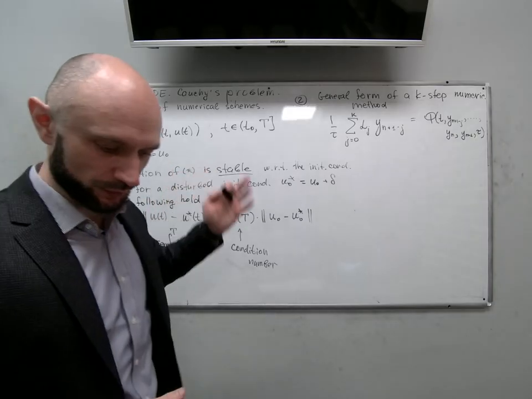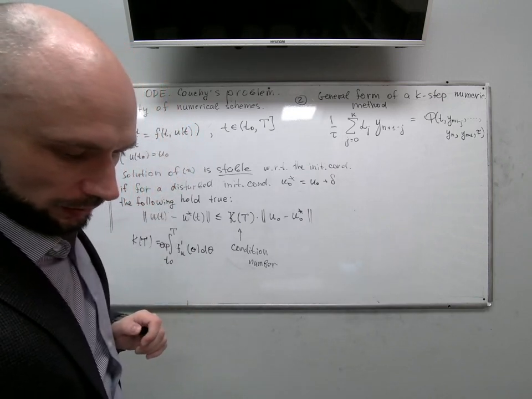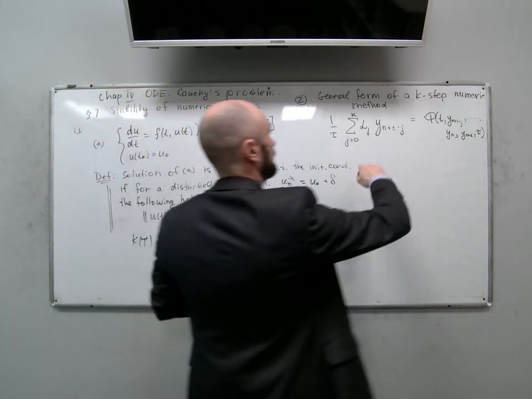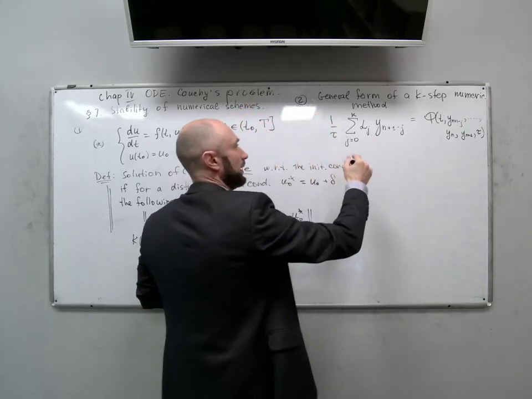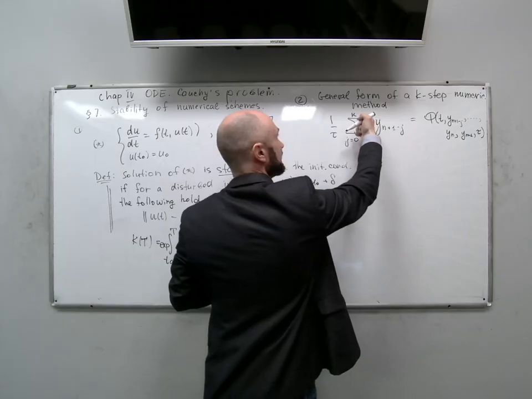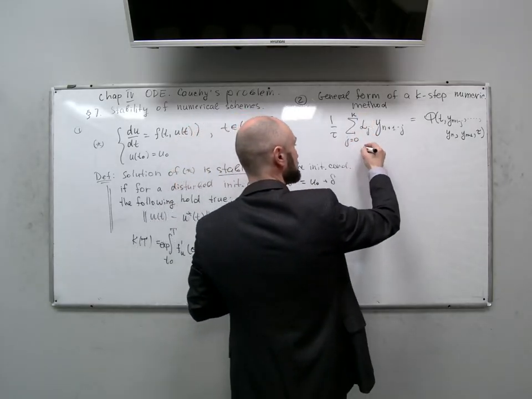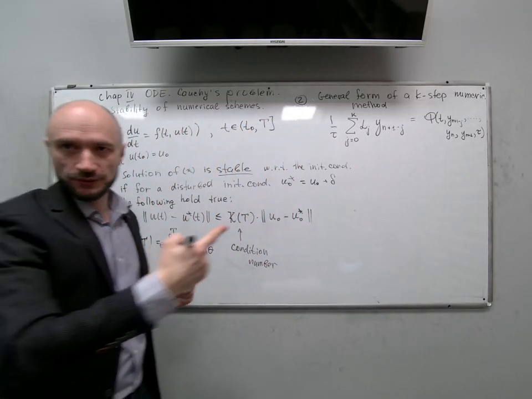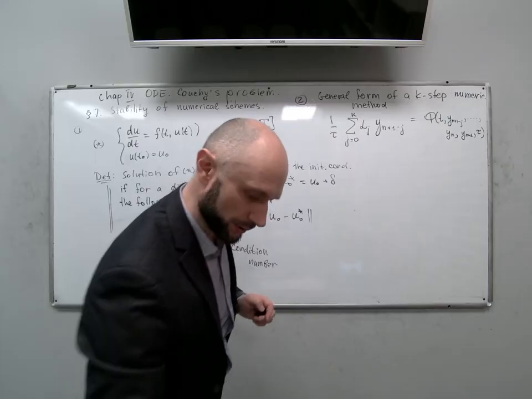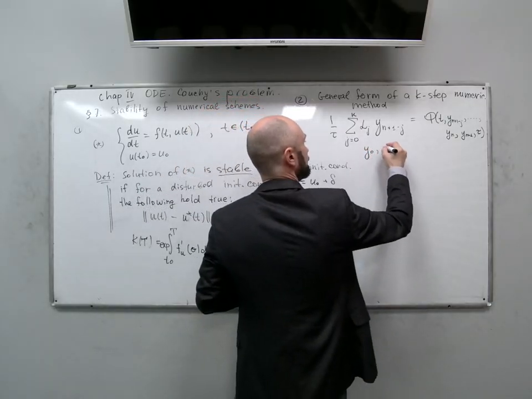We've written this formula last time. Okay, so let us say that this is our numerical method, and since this is a k-step method, in general case, this method requires k initial conditions.